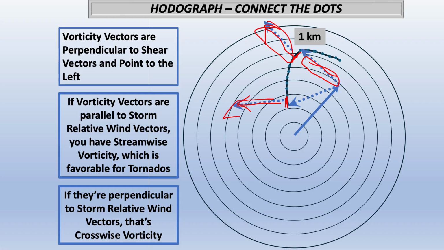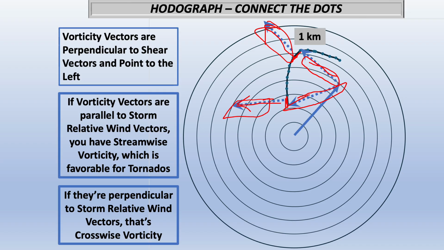And this vorticity vector isn't quite parallel, but it's pretty darn close. It's certainly not perpendicular to this one, okay? So a lot of streamwise vorticity with that hodograph, which was very favorable for tornadoes. If those vorticity vectors would have been perpendicular to the storm relative wind vectors, that's called crosswise vorticity, and that is not nearly as favorable for tornadoes to develop.